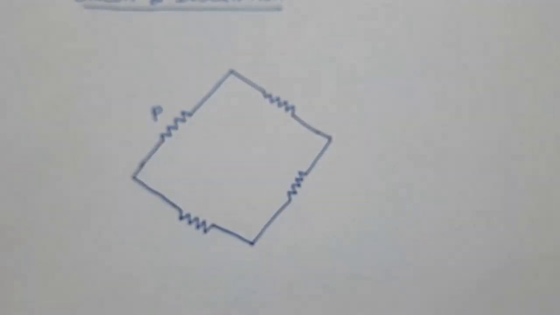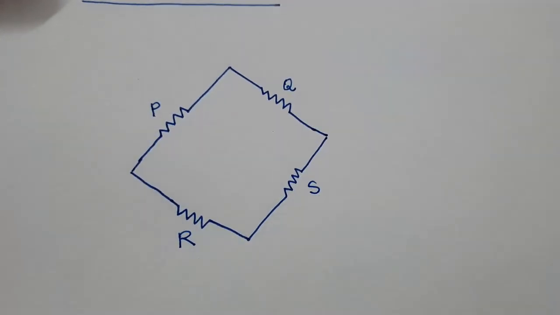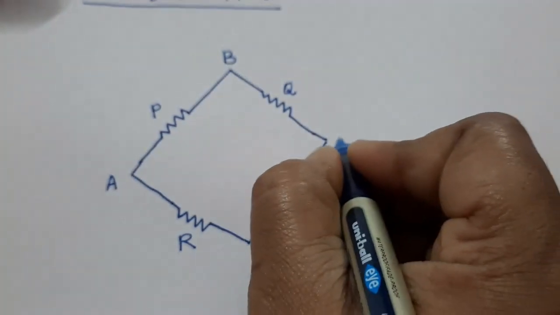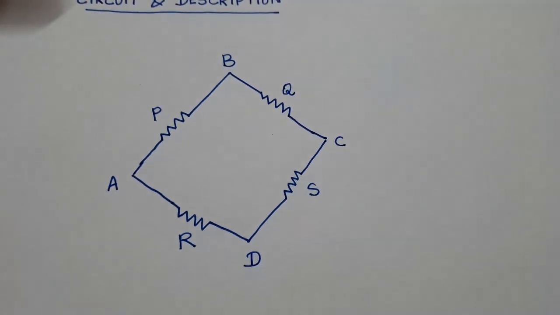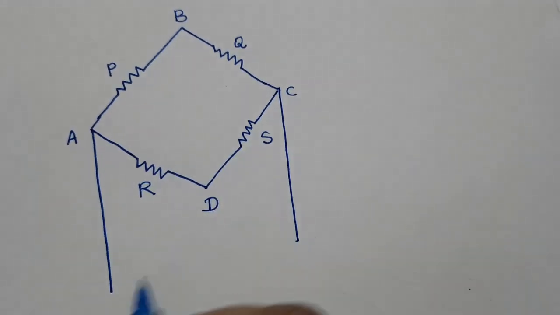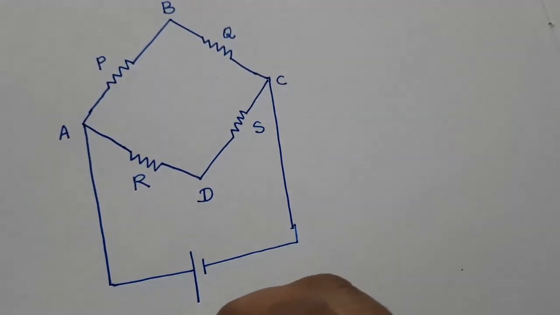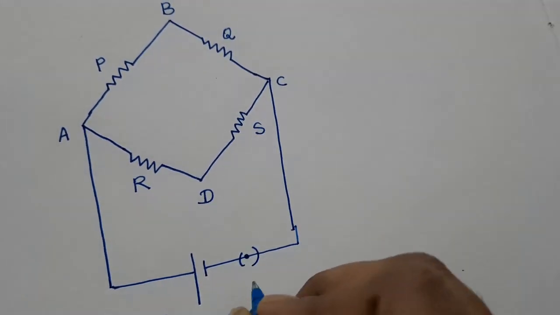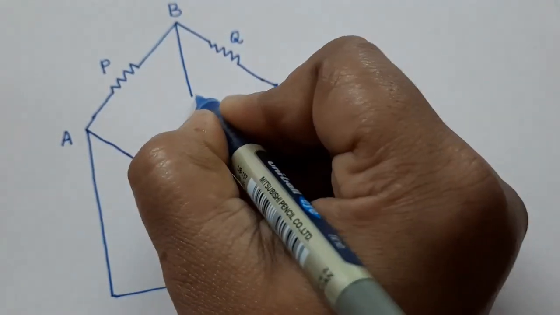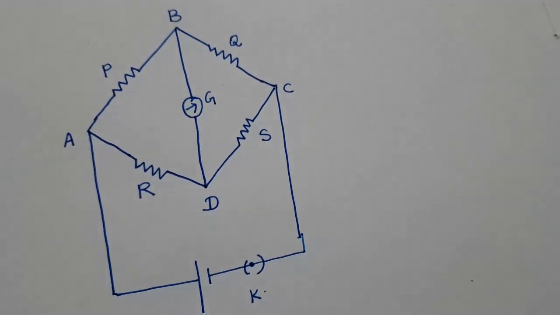This resistor is named P, this is Q, this is R, and this is S. This junction is named A, this junction is B, this is C and D. Between the junctions A and C, a battery is connected, and between the junctions B and D, a galvanometer G is connected.